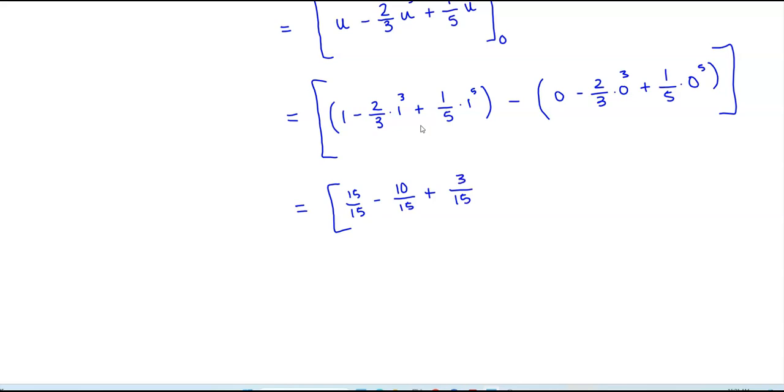And then this entire thing minus 0 is going to be 0. So 15 minus 10 is 5. 5 plus 3 is 8 over 15. And therefore there is our result.